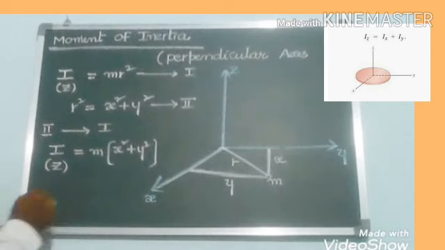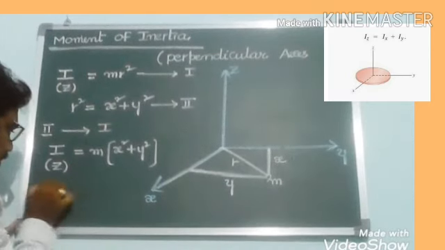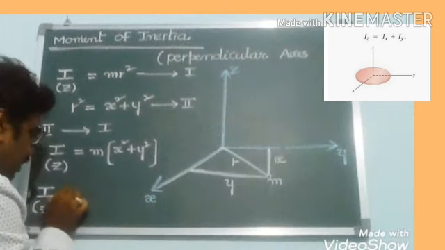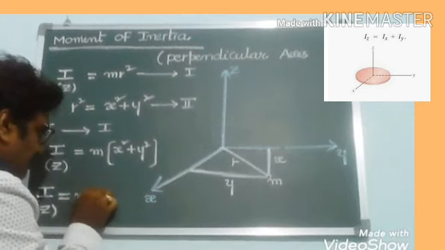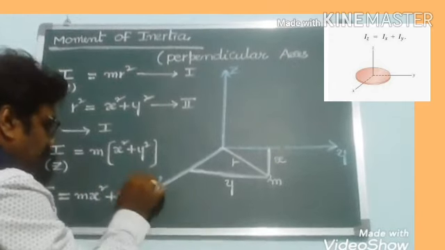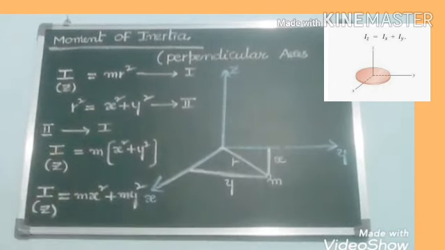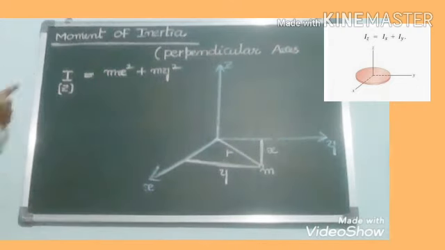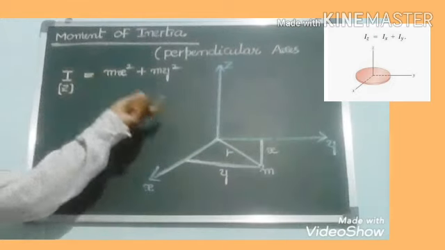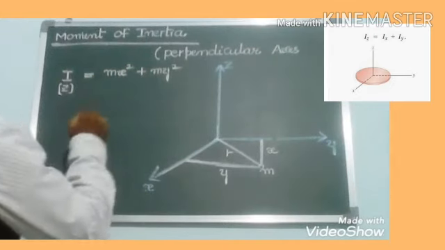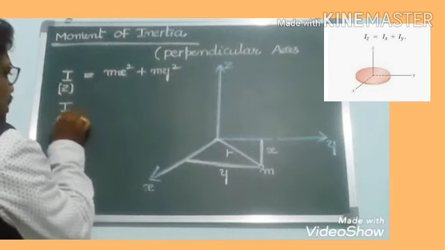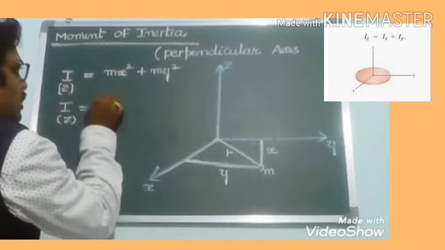Now, moment of inertia with respect to z axis equal to mx square plus my square. Now, moment of inertia with respect to z axis, we got mx square plus my square. So, throughout the rigid body, we can apply sigma.